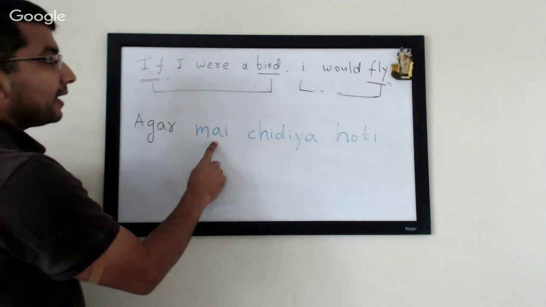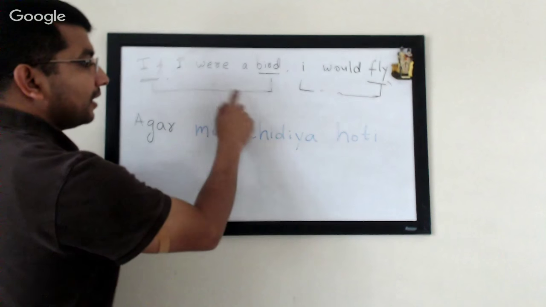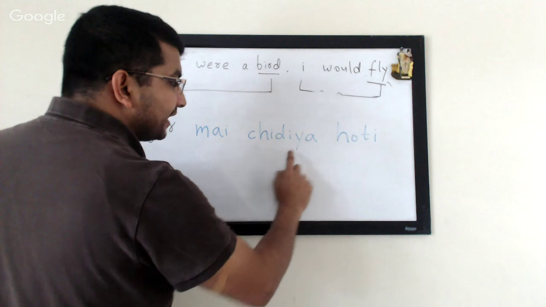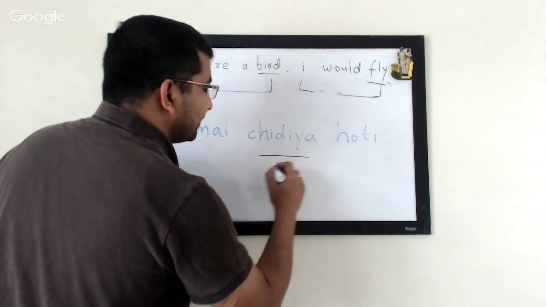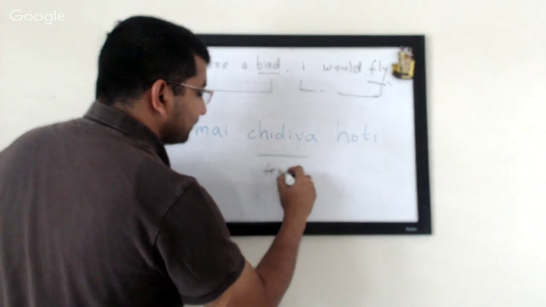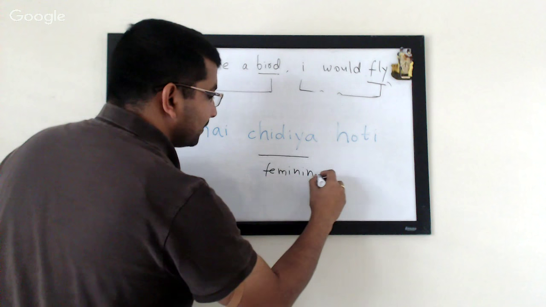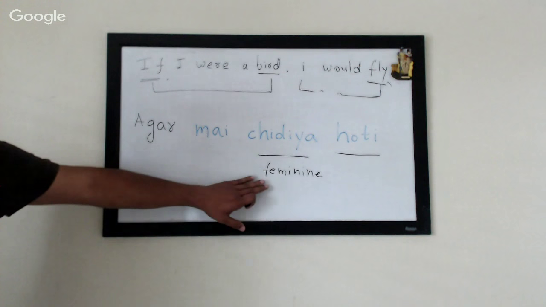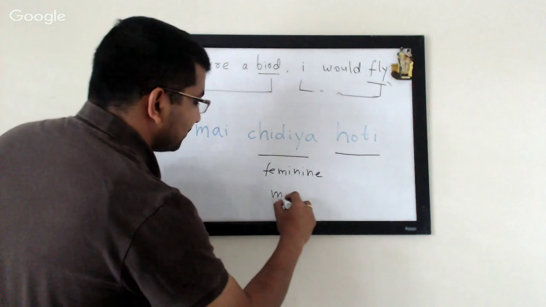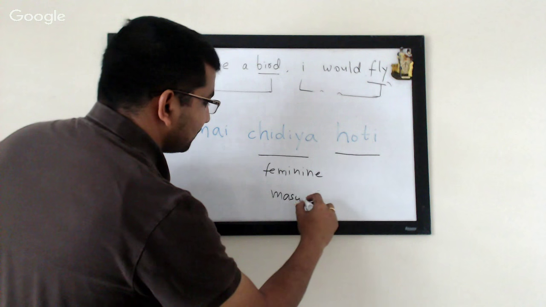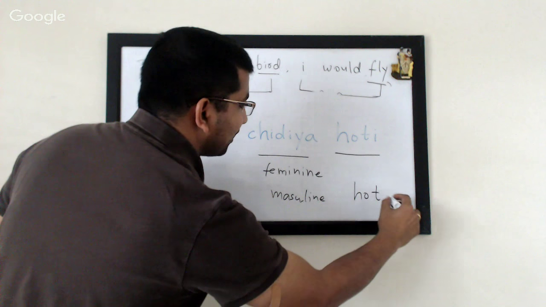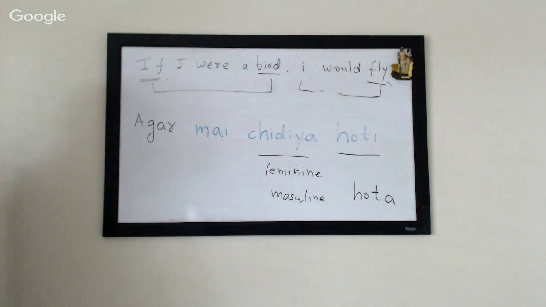I is मैं, bird is chidiya, and because hona is to be, right? And because chidiya is feminine, you're writing hoti. If this was masculine, it would be hota.